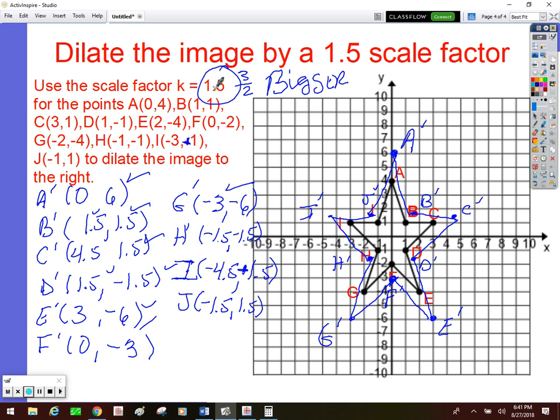Okay, so you see, all we're doing, guys, remember, as just a recap, all you're doing is you're taking that pair. I can do it without a coordinate plane. Again, I can do this over here. What if I had a point, let's just say 2, 9, okay, and I wanted to find out what A prime is by using a scale factor of 3. Well, what I'm actually doing is these numbers right here are going to be 3 times bigger when I finish.